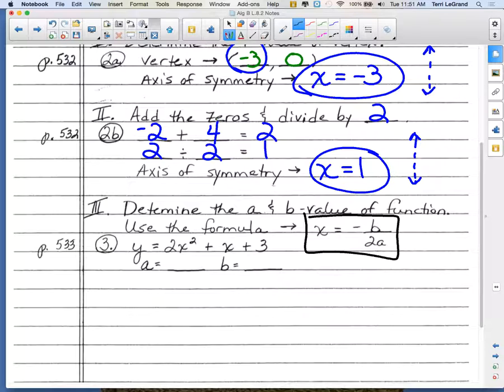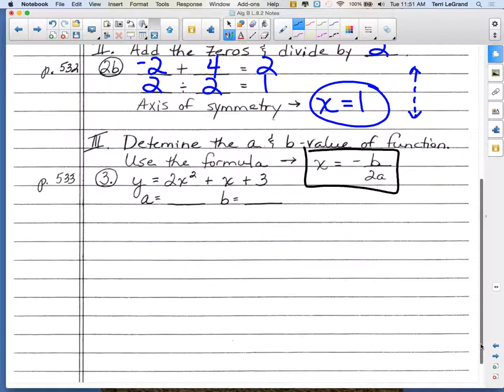Okay, so we got to first decide, just like we've been doing in the past, what's the a, b, and c value? Well, in this case, we only need the a and b, so let's identify the a and b. What's the a value? 2, because it's in standard form already, right? And the b value is 1. So we're going to just put your negative sign out front, okay?